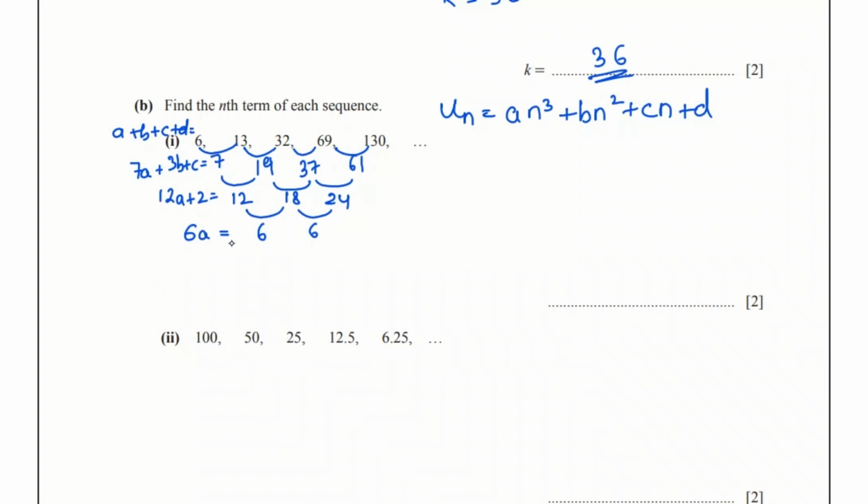So 6a is equal to 6, so we get the value of a as 1. Then we put this value of a in 12a plus 2b equals 12. Sorry, what did I do over here? That's a mistake.